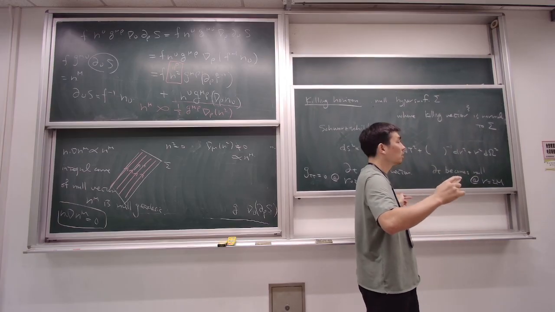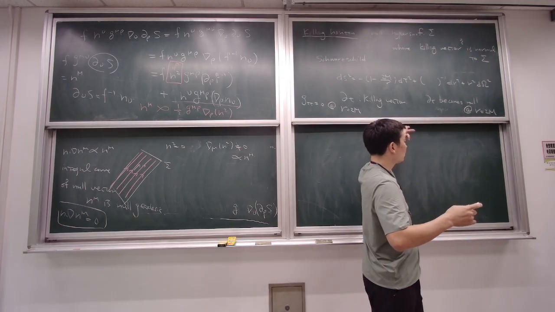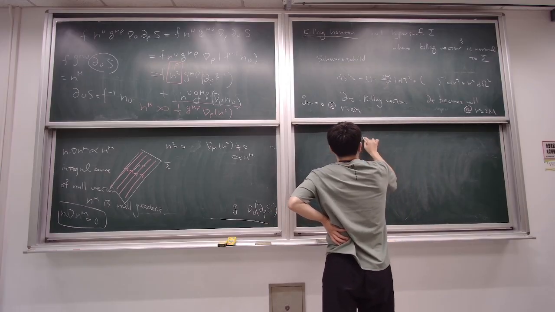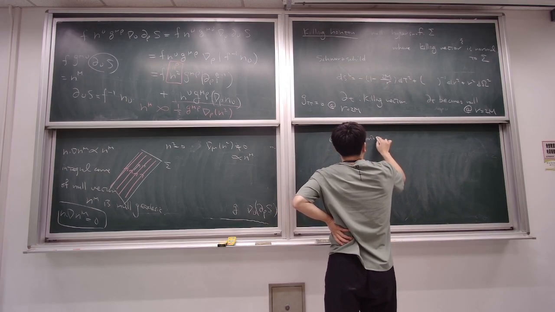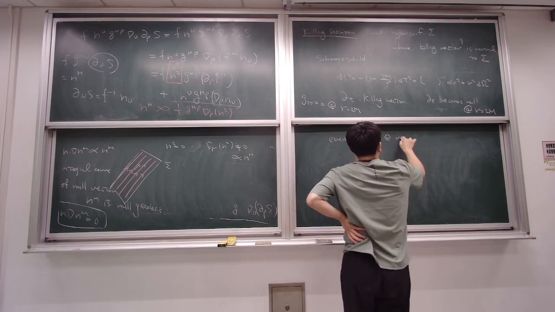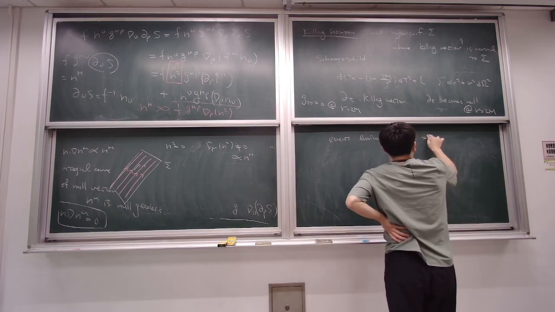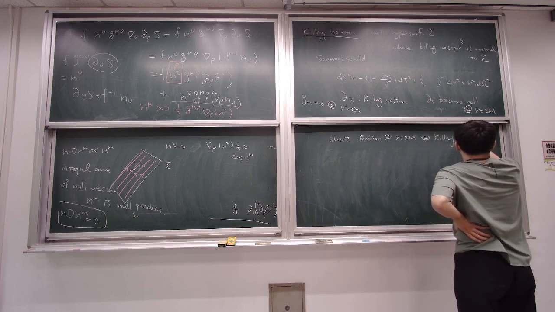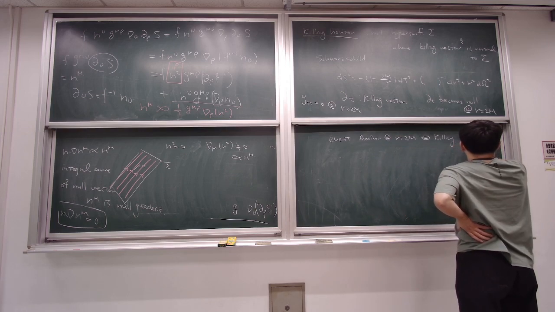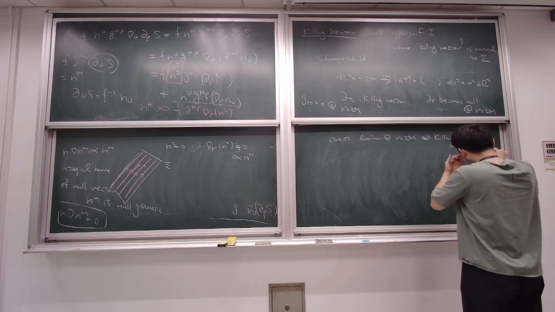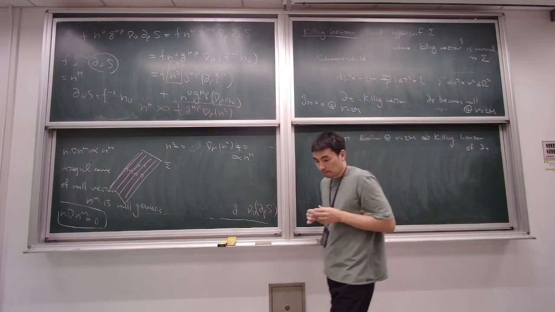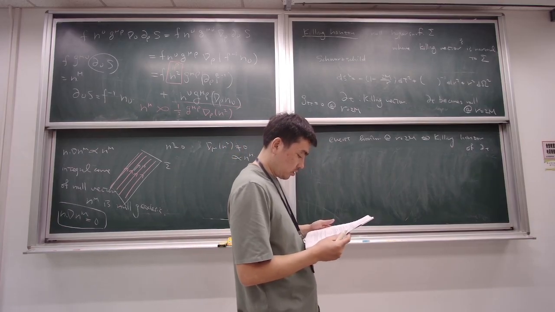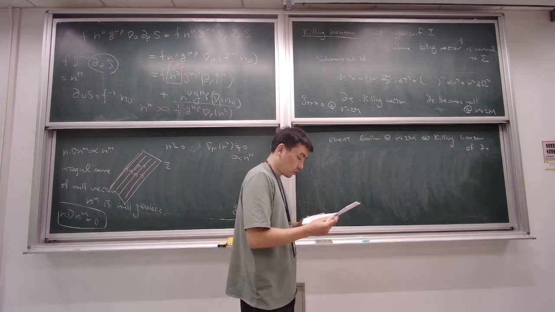Therefore the event horizon at r = 2m is the Killing horizon of ∂_t. So that's how you define the Schwarzschild case.